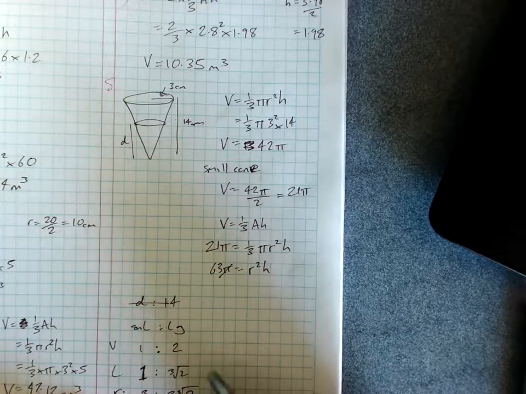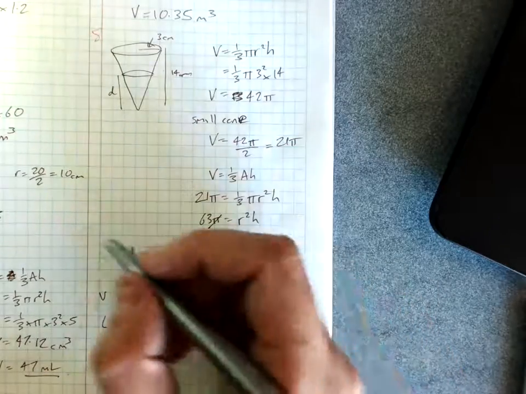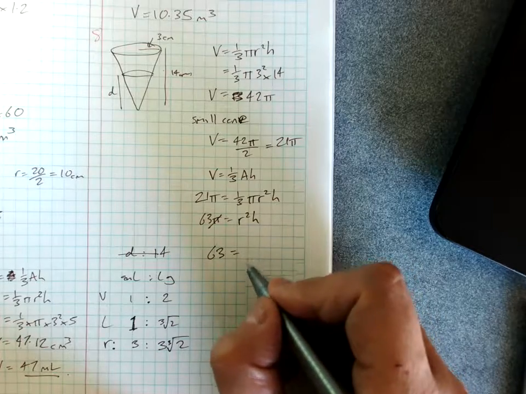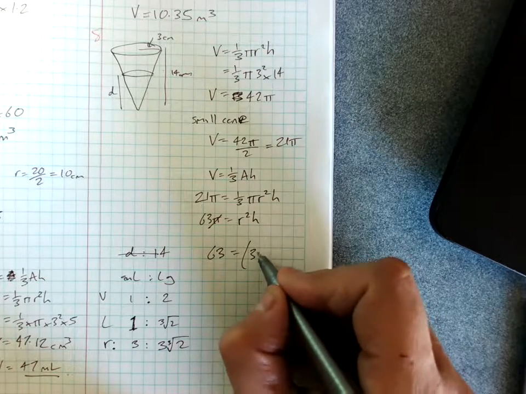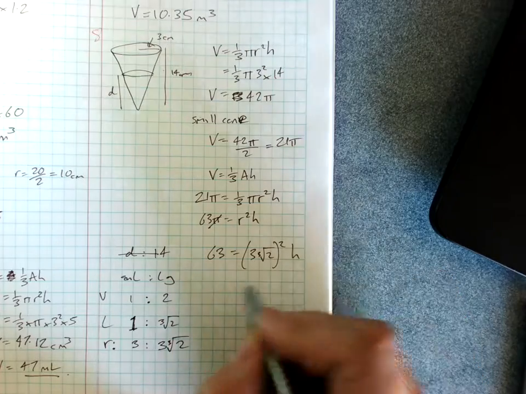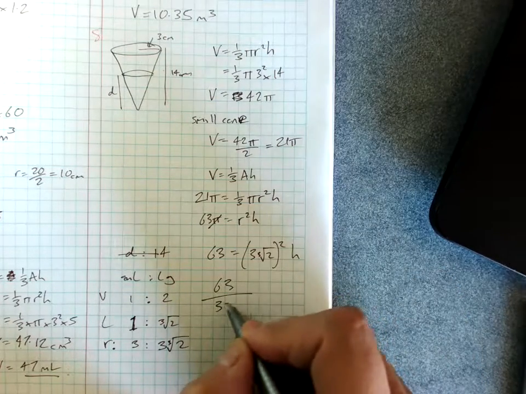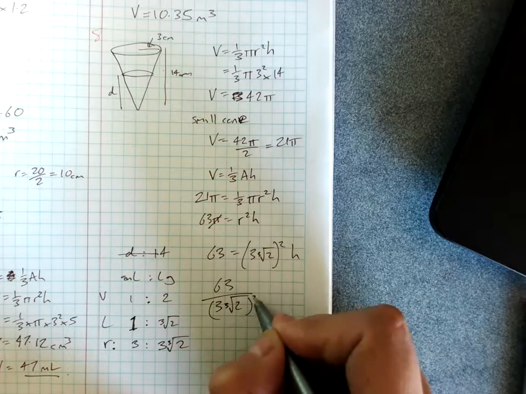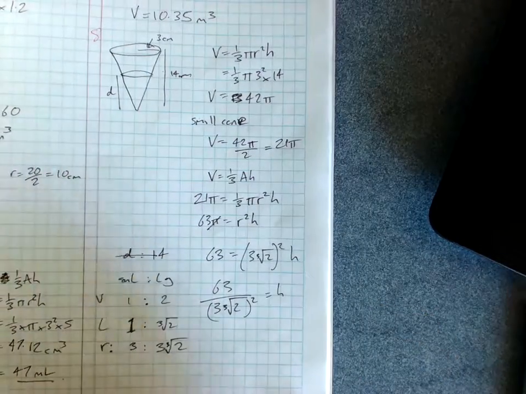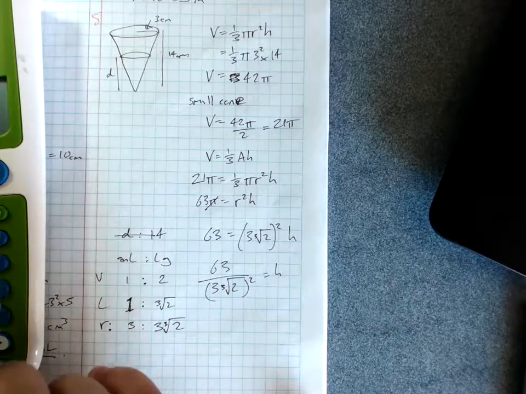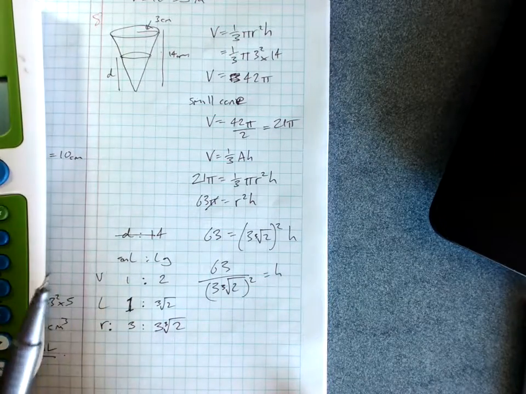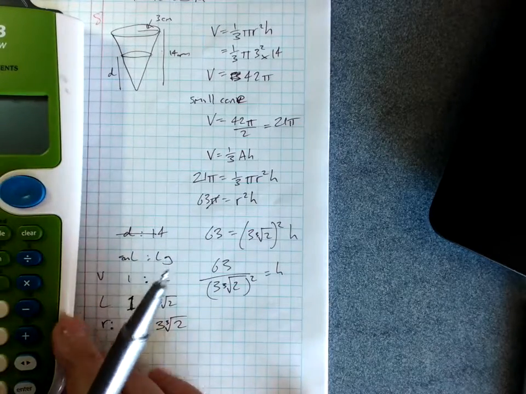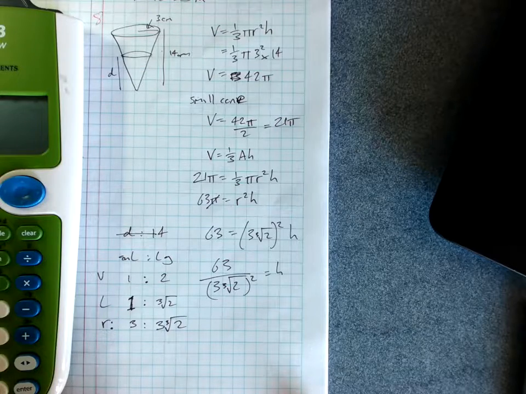Gosh. Not sure I'm right here. 63 equals 3 times the cube root of 2 squared times height. 63 divided by 3 times the cube root of 2 squared times height. Cube root of 2.